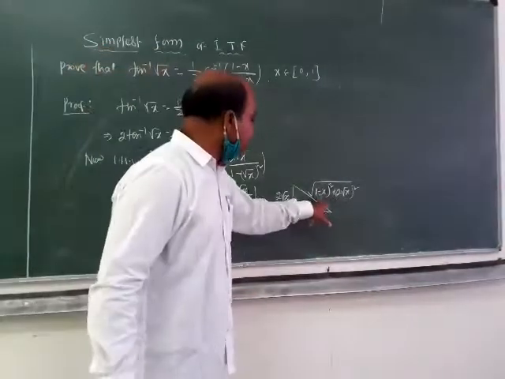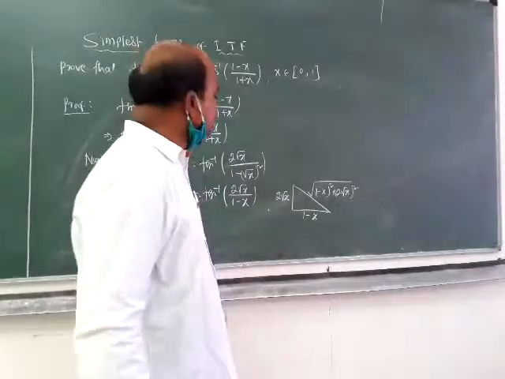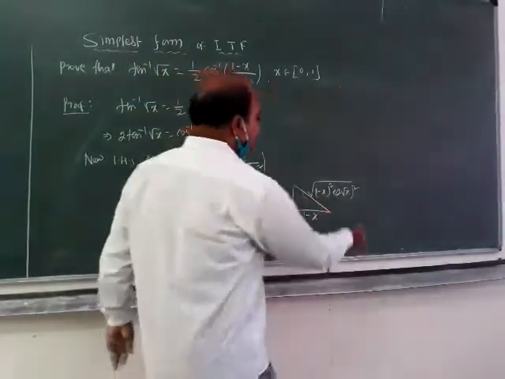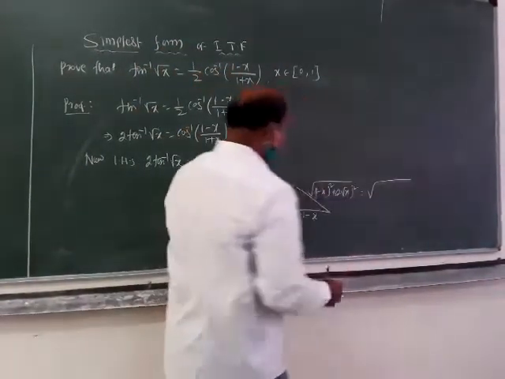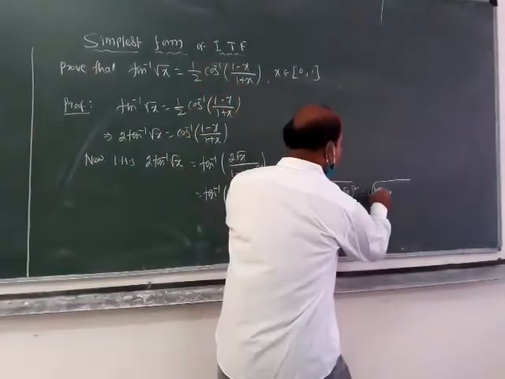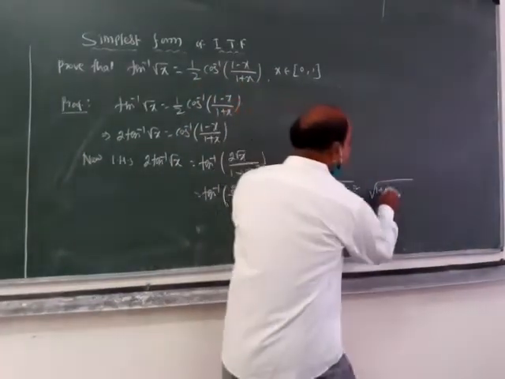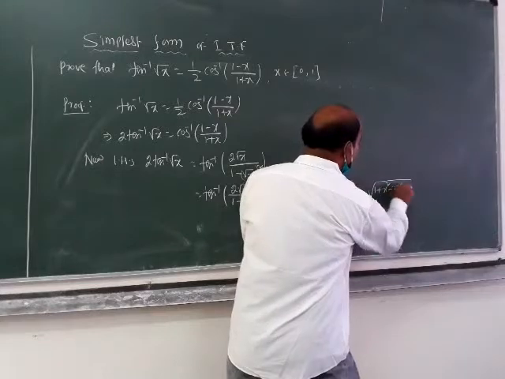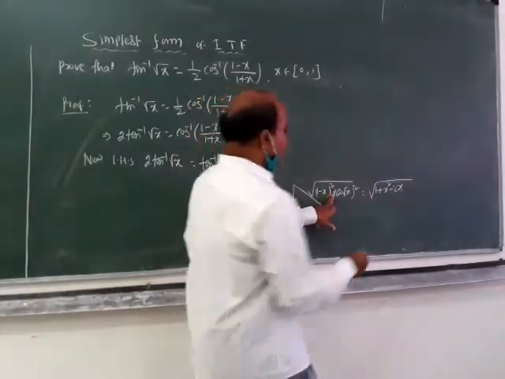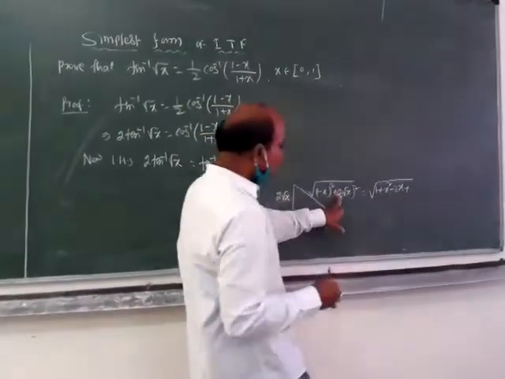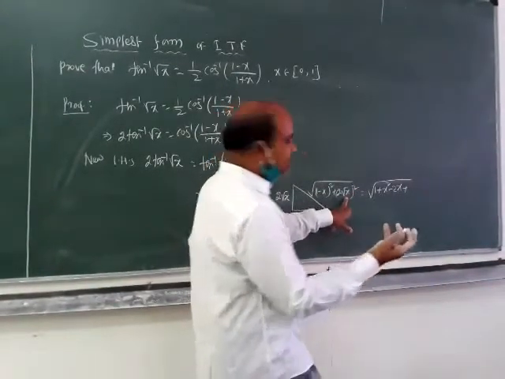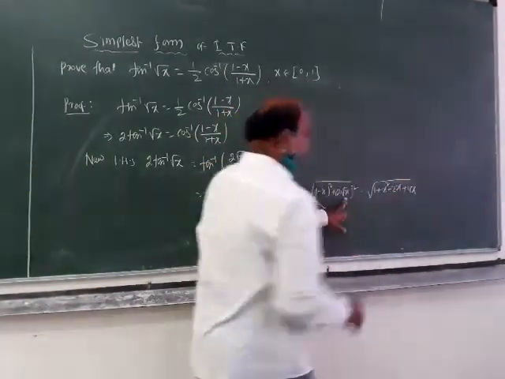That is under root of 1 plus x square minus 2x plus 4x.